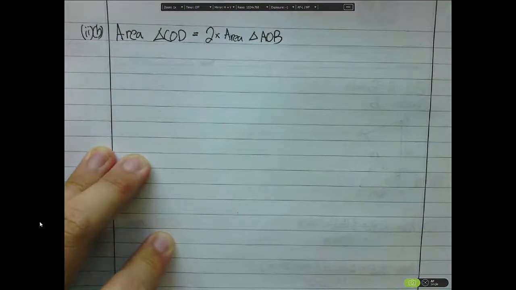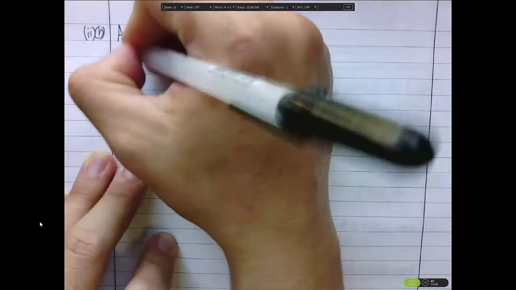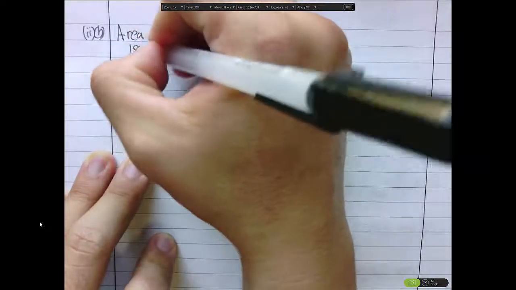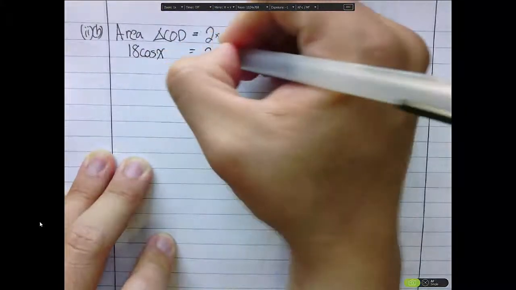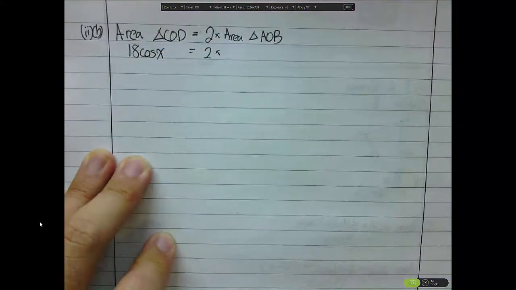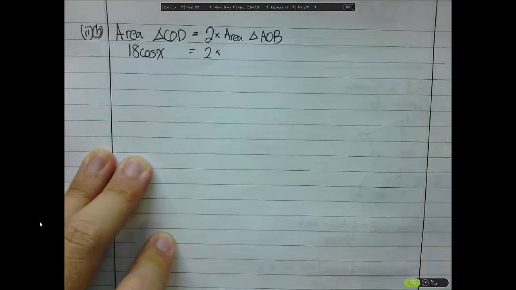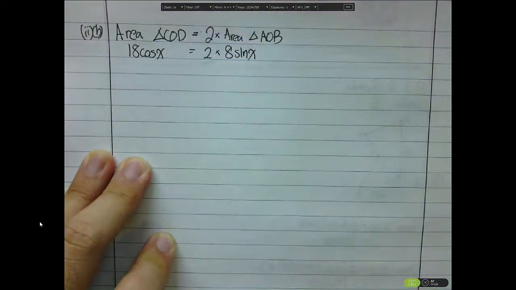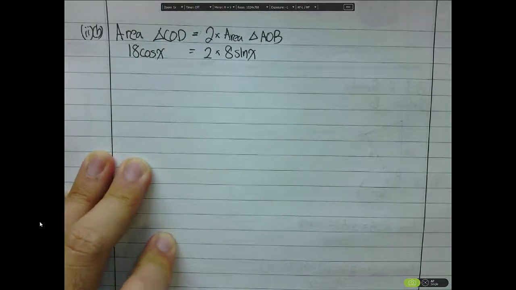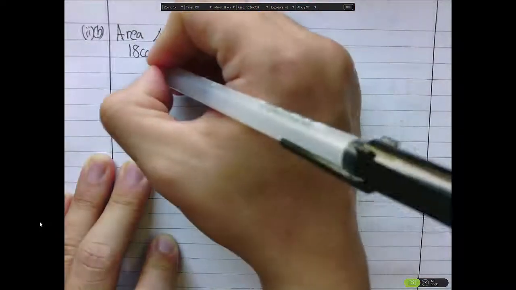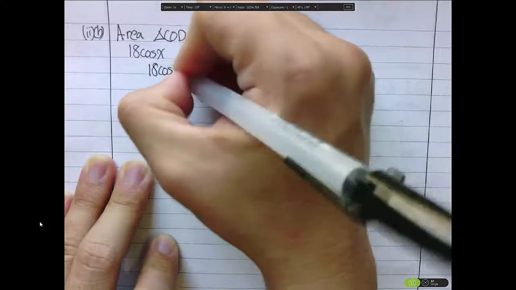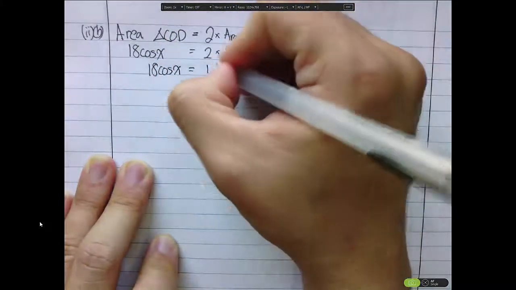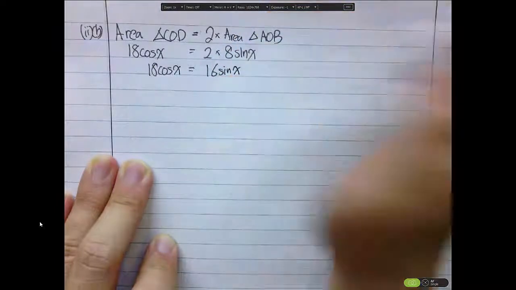So for triangle COD, we write down 18 cosine x is 2 times the area of triangle AOB. AOB was 8 sine x. So now they want you to find the value of x in this case. So what we have is 18 cosine x is equal to 16 sine x.